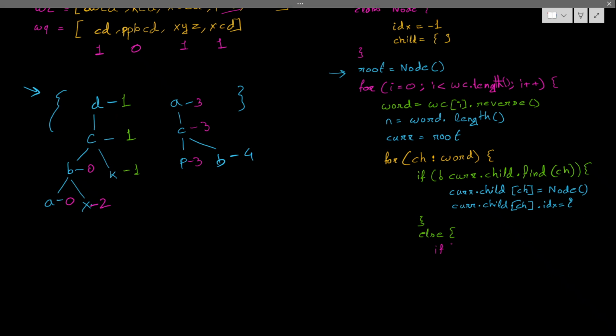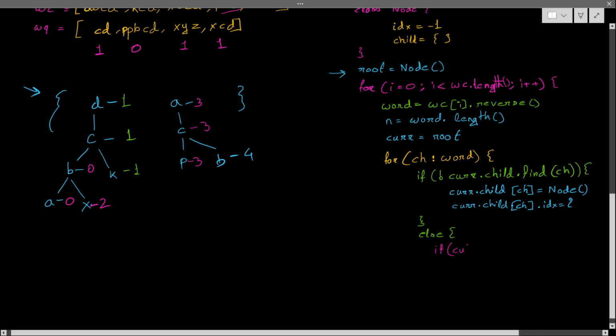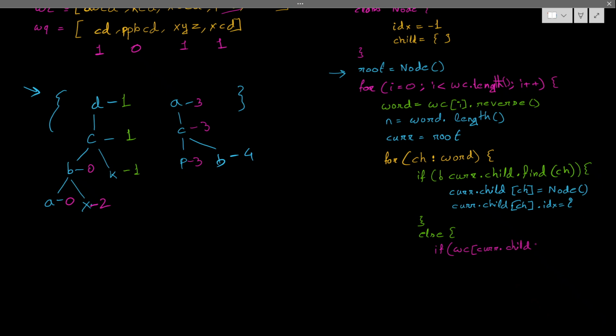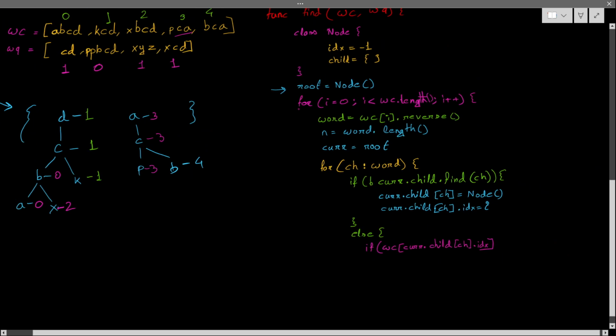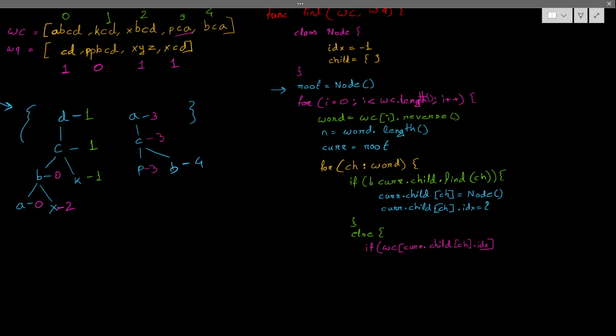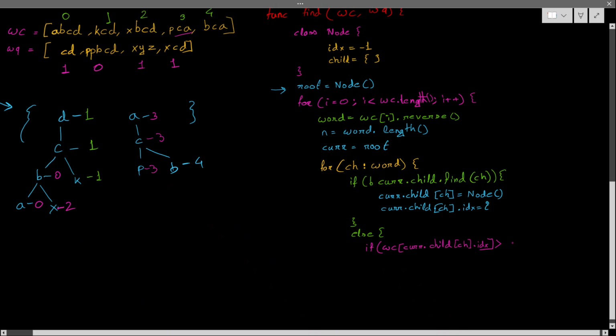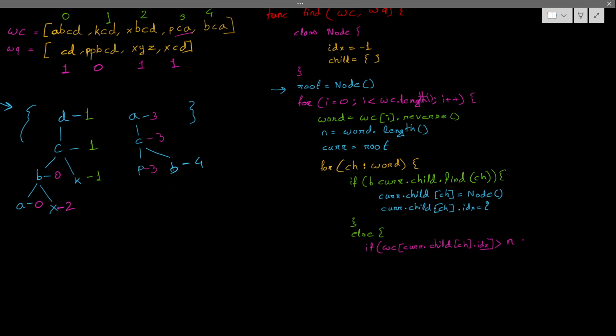If that is the case, what is the string present in that thing? How could I find it out? The string is what I'm checking with wc, where current dot child of character, dot index, idx. This is storing an index. So whatever is stored in this index, I have to check whether the string present at this position is greater than my current length, that is nothing but n, which is my size.